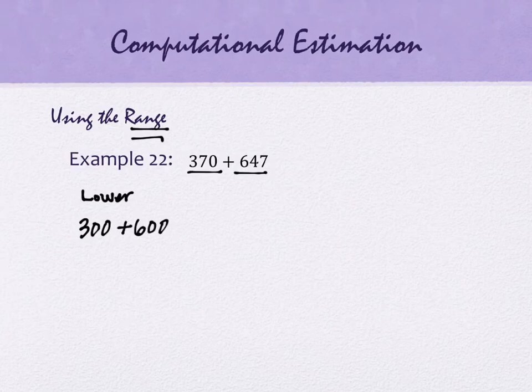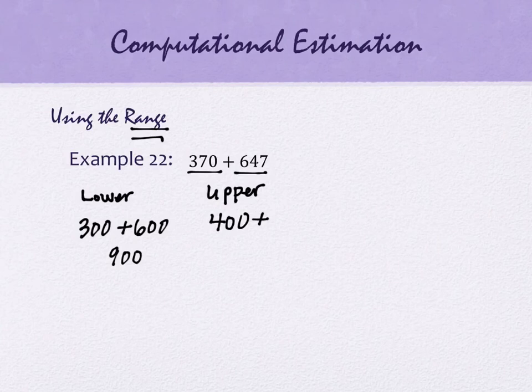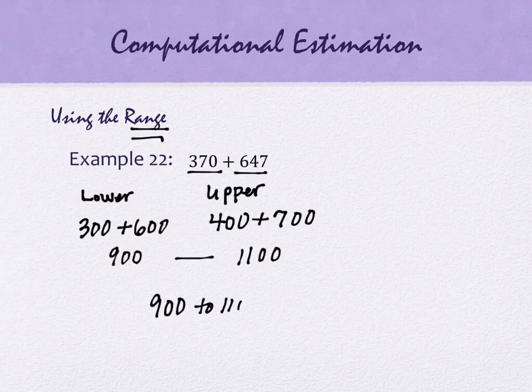So the lower estimate here, by rounding them both down, would be 900. And then for an upper or higher estimate, we would round them both up. So 370 would become 400, and 647 would become 700. 400 and 700 would make 1100. So our range of values is always a range that it's lying between. It's not a specific single value answer, but it's between 900 and 1100.